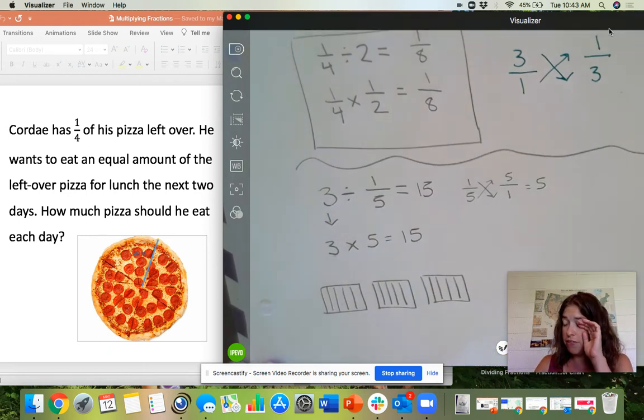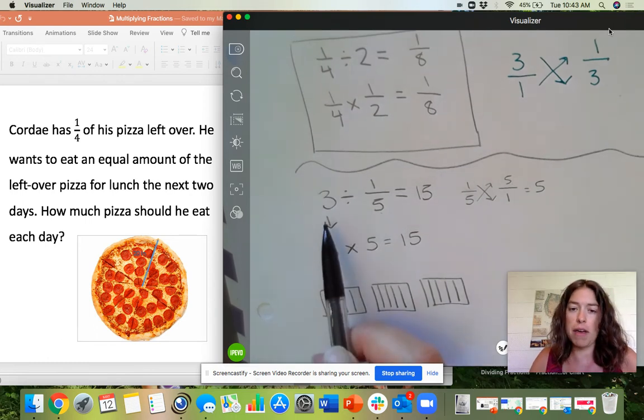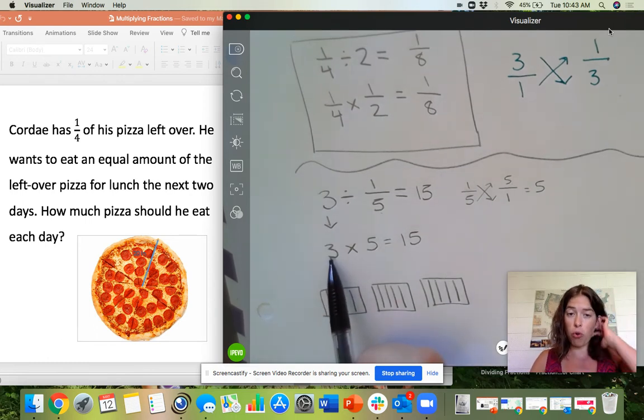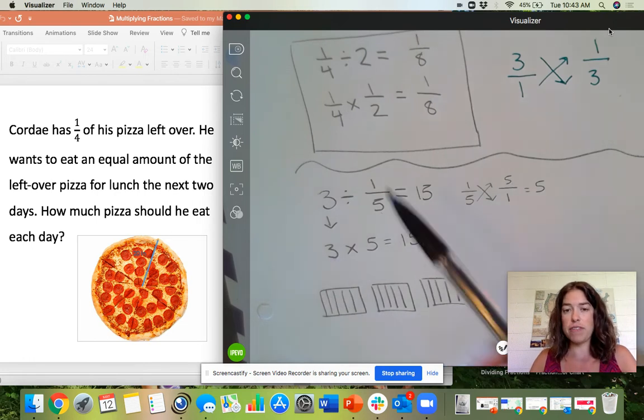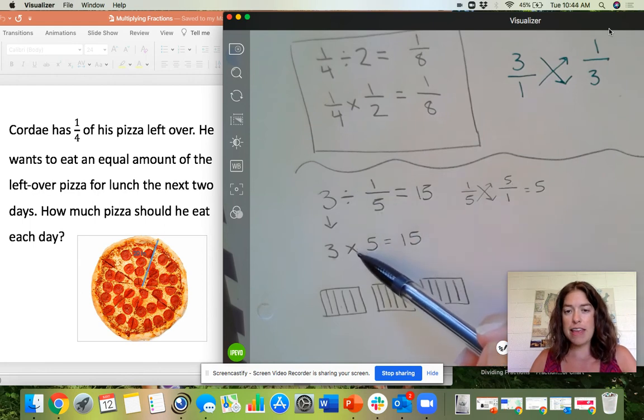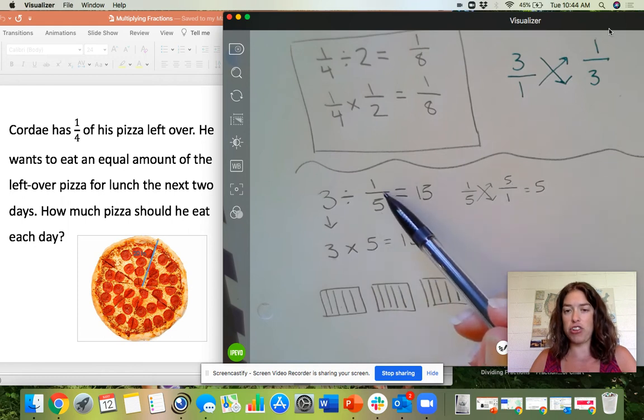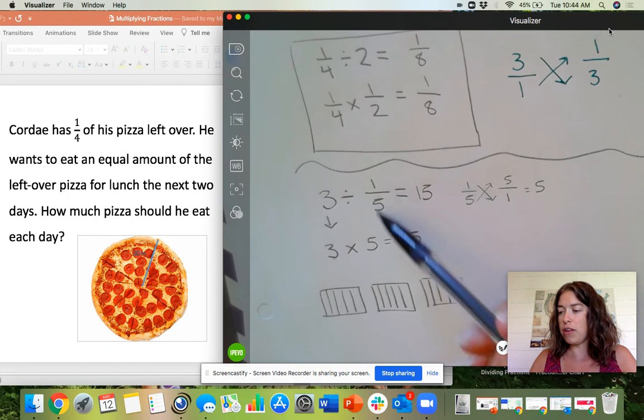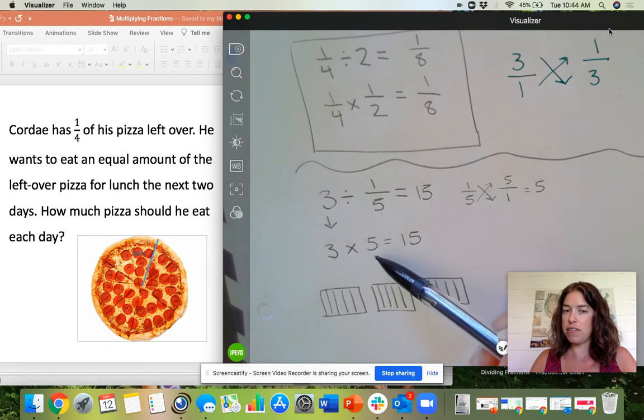I really can divide by a fraction by keeping my first number the same, whether it's a whole number or a fraction, changing my division symbol into multiplication, and then flipping my fraction or whole number into the inverse, and I get the same thing.